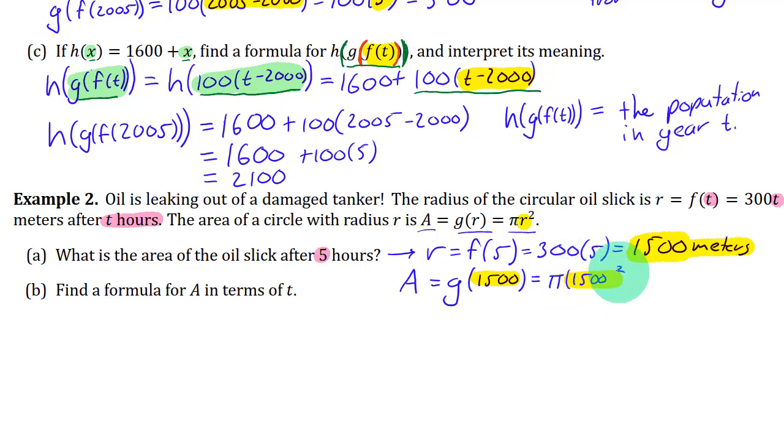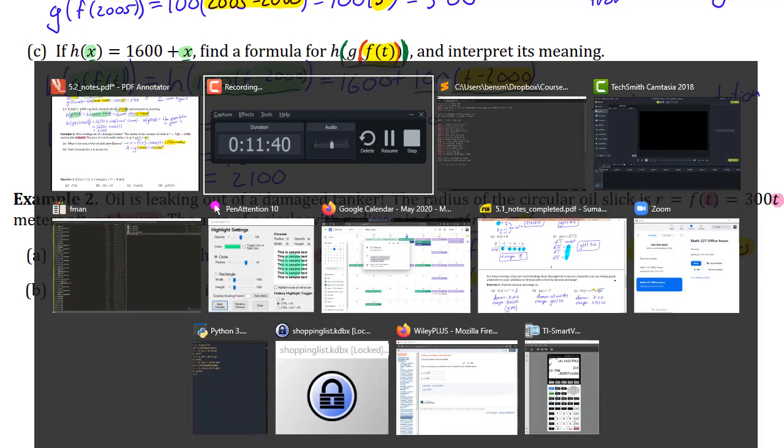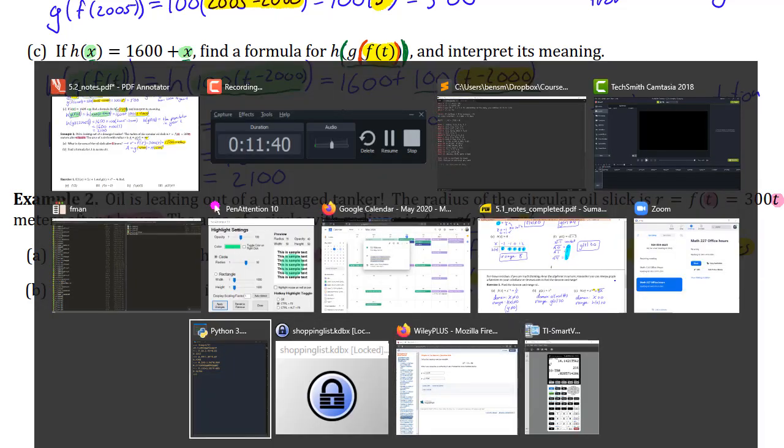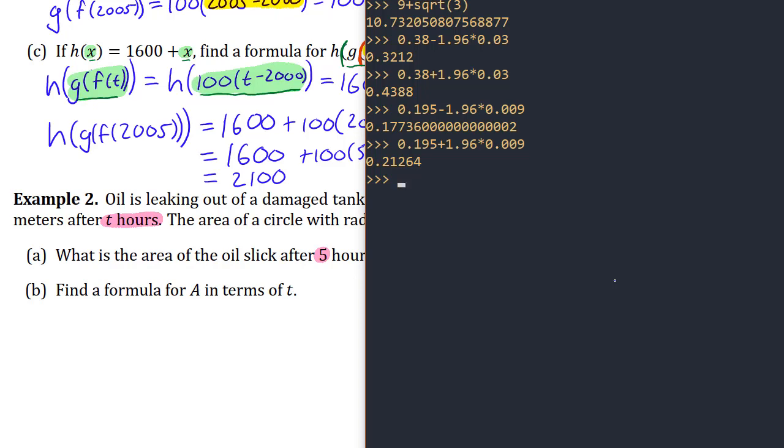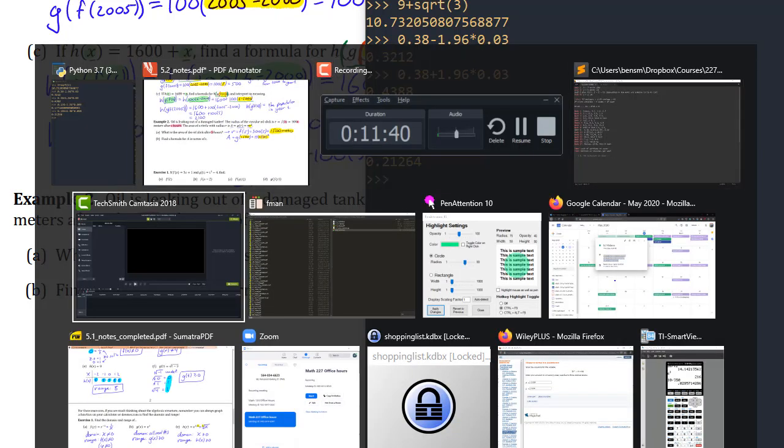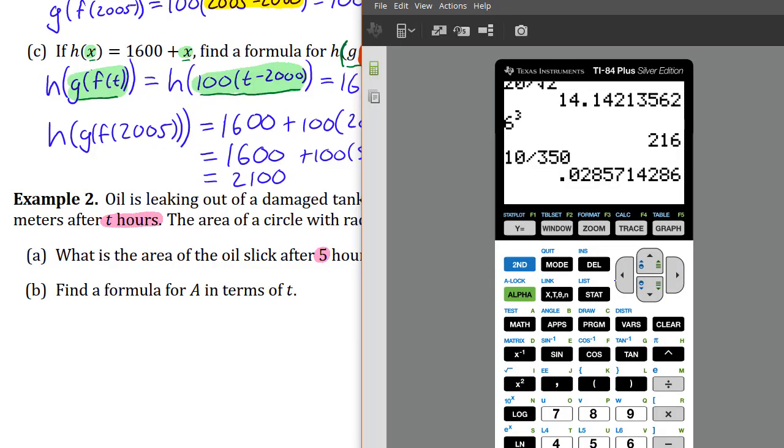Right, and 1,500 squared is a pretty big number. Better get out a calculator for that. Actually, let me use this calculator. I'm going to do pi. This isn't working.